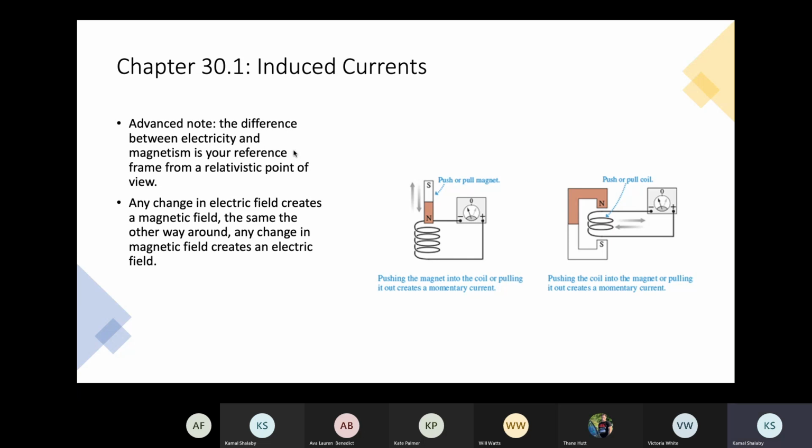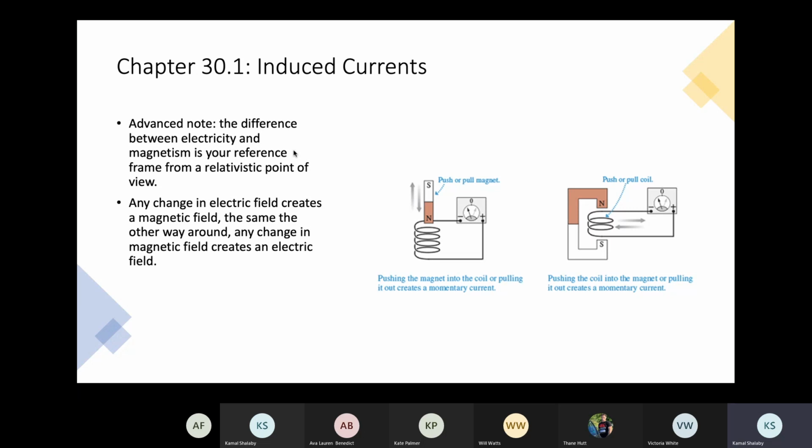From a relativity point of view, electricity and magnetism are basically the same thing. One of them looks like electricity from really fast moving point charges like electrons, but to us it will look like magnetism, and it goes the other way around.